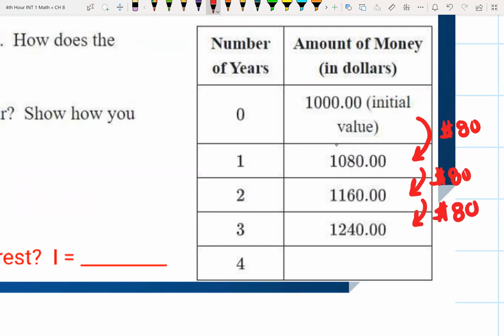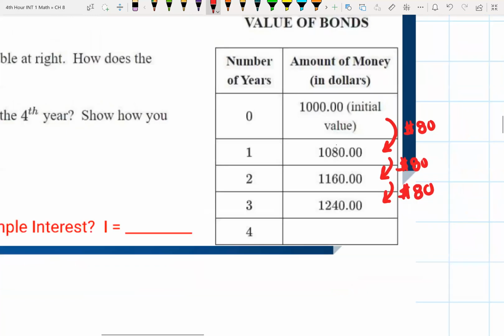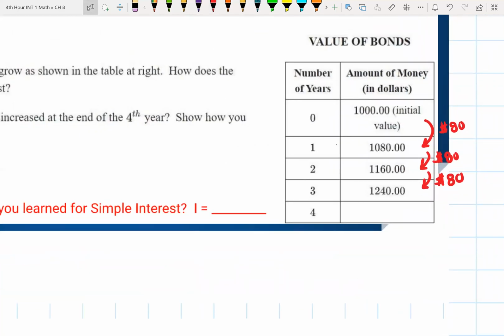So that's a linear trait, because if you recall simple interest, that I equals PRT equation, that's just multiplying by the same amount, right? Or adding by the same amount in this table. Linear has a slope, right? That's what's multiplying times X, but it really means increasing at the same rate or decreasing at the same rate.